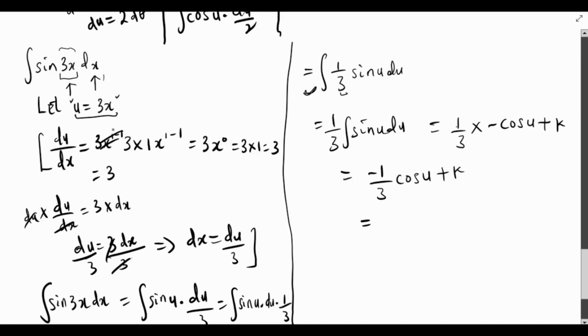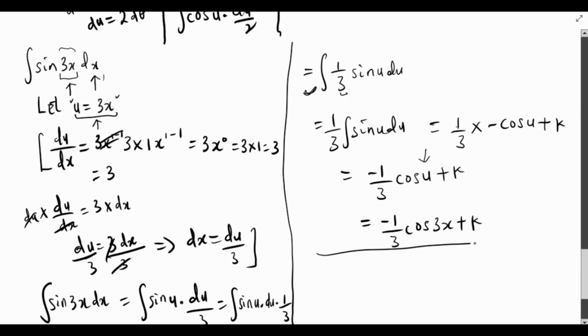What is u? Remember, u is 3x. You can't leave your answer with u because that's not the original question. So you get back to how they gave you the question, which is in terms of x. So this is negative 1 over 3 cos, instead of u, I'll have to put 3x, plus k. Right? That's the answer. Now the shortcut. This is the shortcut.